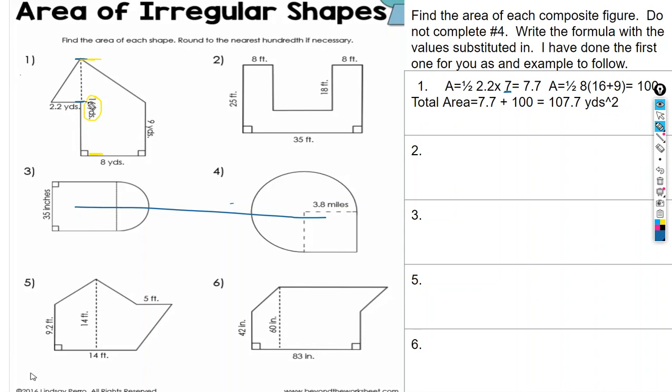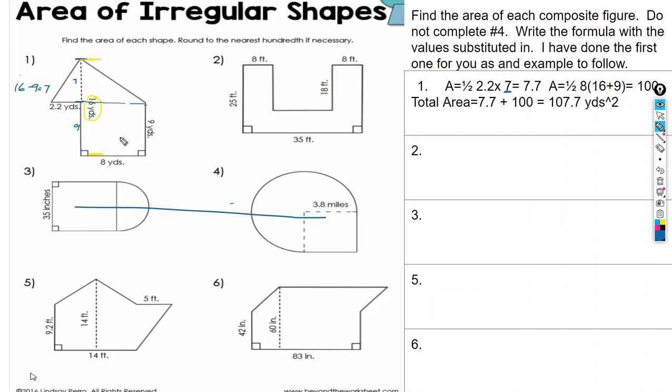Remember, opposite sides of a square, and we know this is like a square or a rectangle because it tells us these are two right angles. So these two opposite sides are equal. That means this is 9. So to find this length here, I have to do 16 minus 9 equals 7. That's where that 7 came from. So this height is 7.